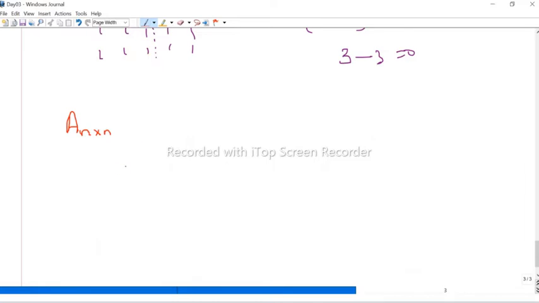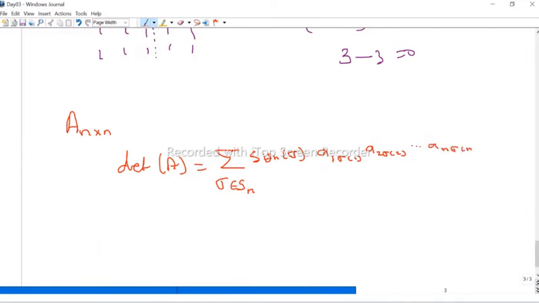The determinant of A is the summation over all permutations sigma in the symmetric group Sn of the sign of sigma, which is either plus 1 or minus 1: if sigma is an even permutation we get plus 1, if odd we get minus 1, times A1 sigma(1), where sigma is a function from 1 to n, times A2 sigma(2), taking the image of the second index in the second row, and so on, up to An sigma(n). This summation ranges over all permutations.